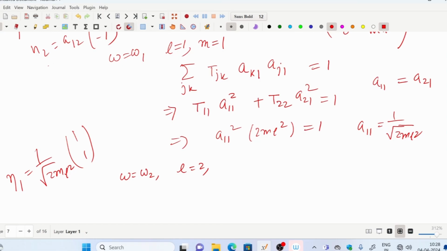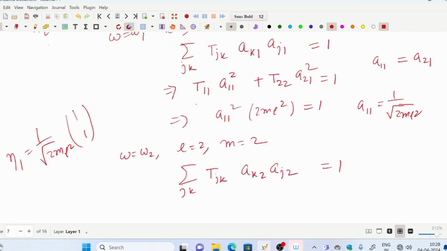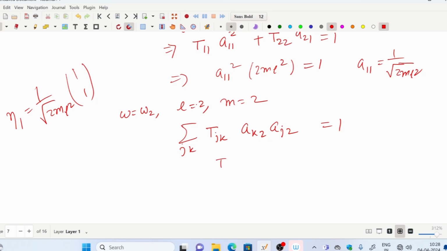So L equal to 2, m equal to 2 case, we will have the sum over j k of t j k a k 2 a j 2 equal to 1, and if we break this sum, you will get t 1 1 a 1 2 square plus t 2 2 a 2 2 square. Remember that a 1 2 was minus a 2 2. Okay, so I am writing everything in terms of a 1 1.